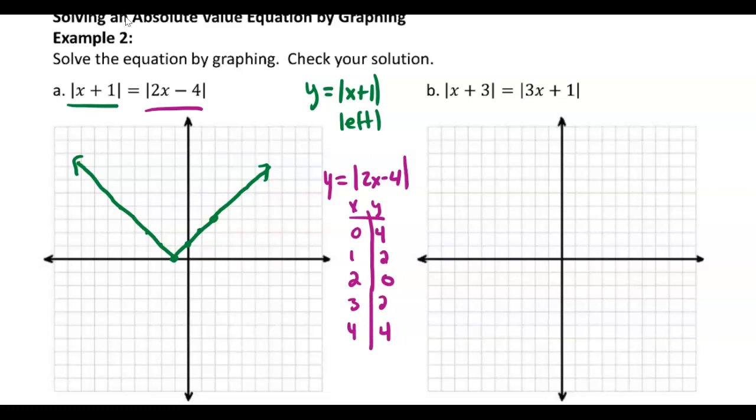So I had (0, 4), (1, 2), (2, 0), (3, 2), (4, 4). All right, and I'm going to extend that. That goes up 2 over 1. So I'm going to extend the left side, and then up 2 over 1 on the right side.